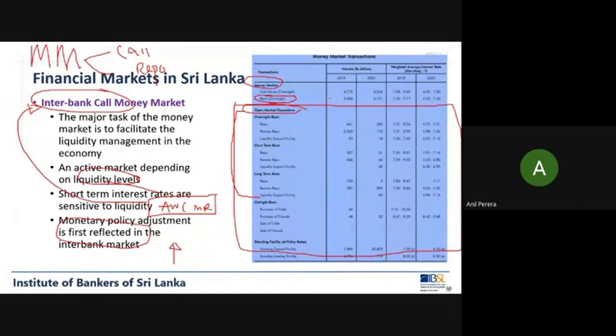Repo market means... now in the call market, only banks are operating, right? In the repo market, not only banks, but primary dealers and EPF in Sri Lanka are also in the repo market.